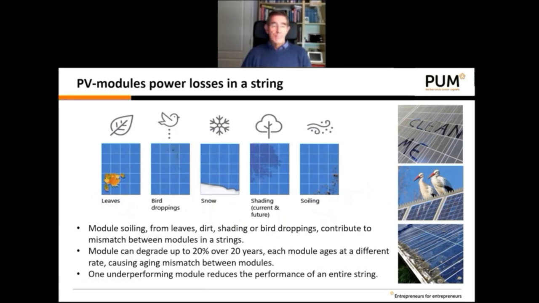A module can even degrade up to 20% over 20 years. And each module ages at a different rate, causing aging mismatch between the modules. So one underperforming module reduces the performance of an entire string.